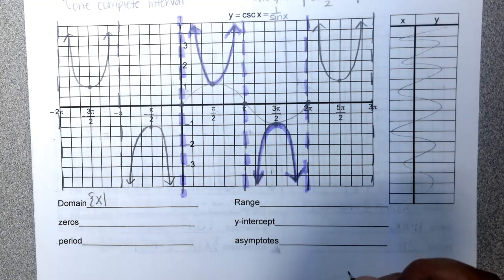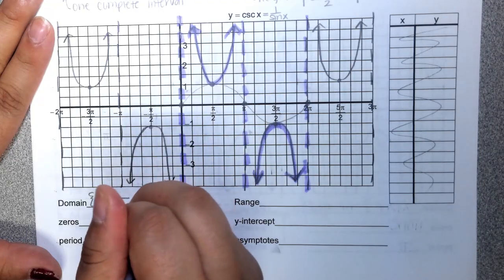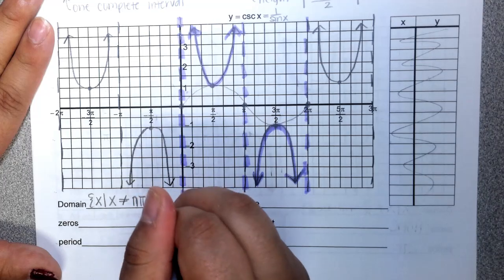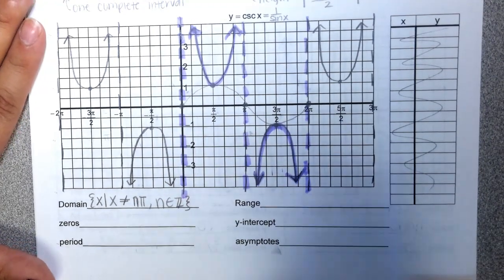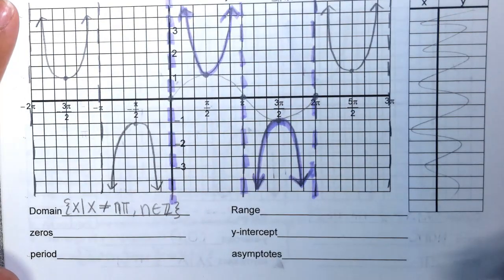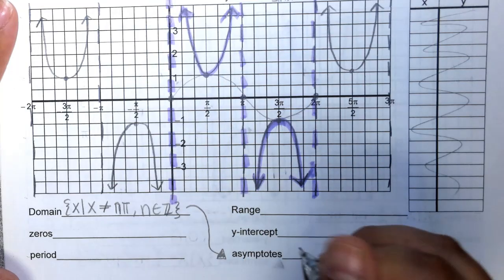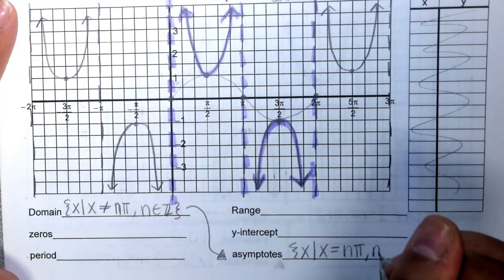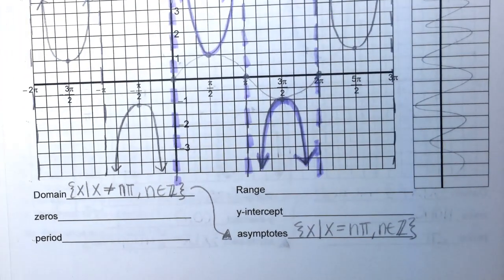Okay, what is my domain? Sorry, y'all started to say it and I stopped you. I'm going to say n pi. I wouldn't count it wrong if you wrote pi in. And remember, if you have the domain, you have your asymptotes. What are my zeros?